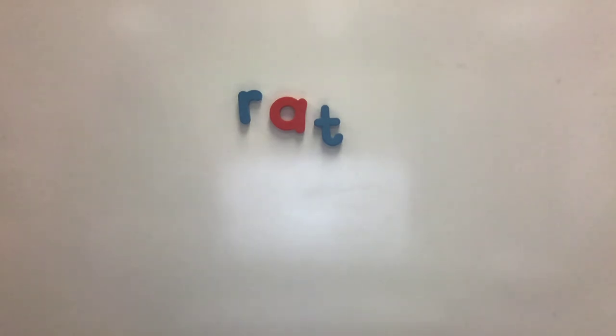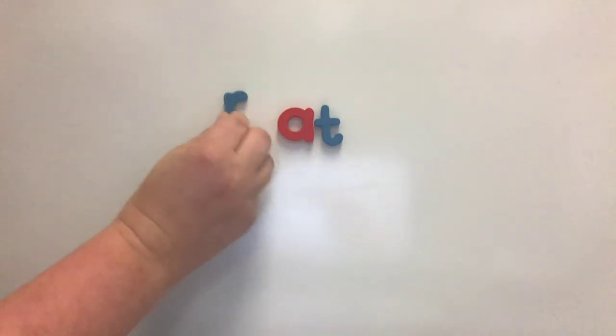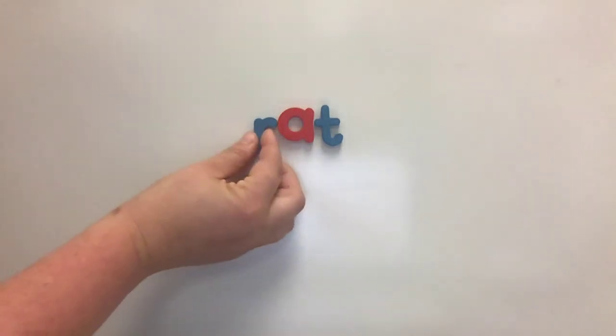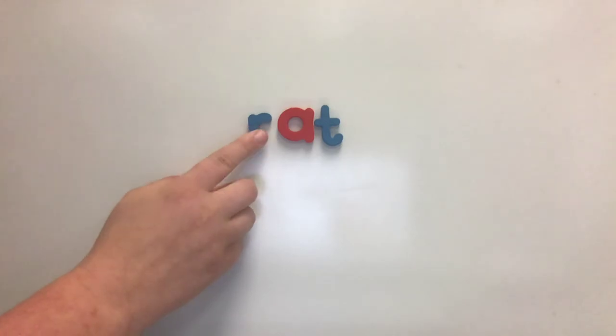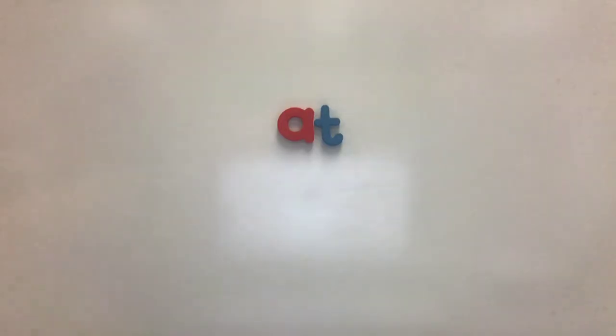Okay, now we're going to get rid of the beginning sound. We're going to remove or take away the beginning sound. Move this away. I want you to find the beginning sound B, B, B, B. Find the letter that makes the B sound. Go ahead, find it.